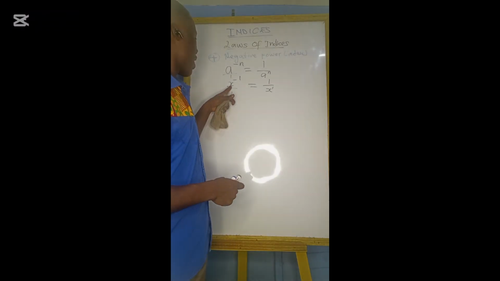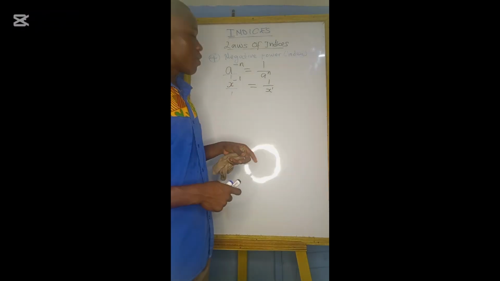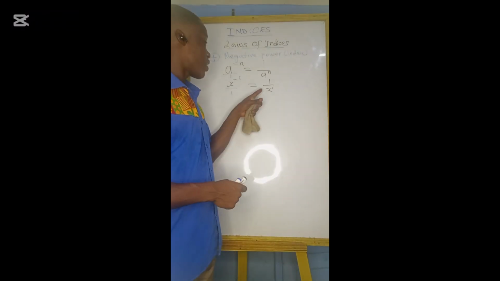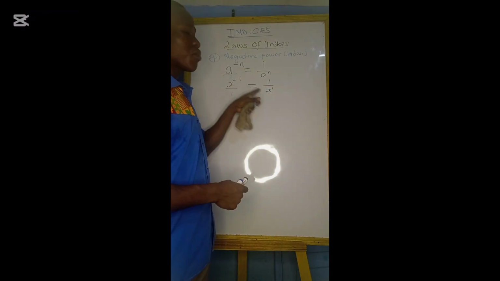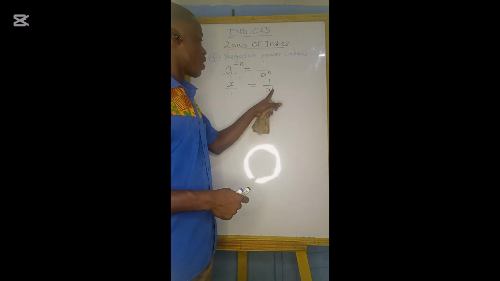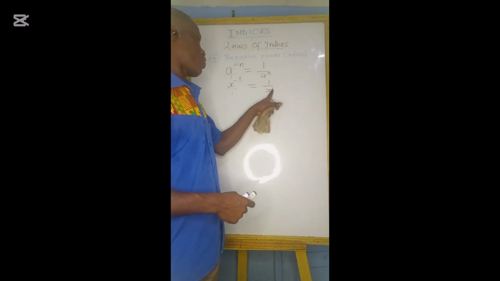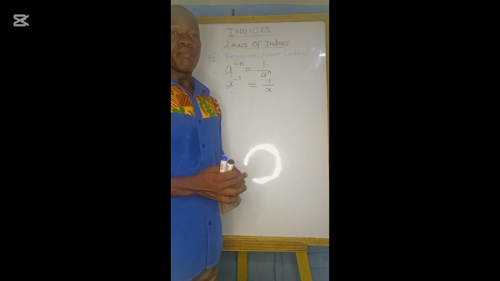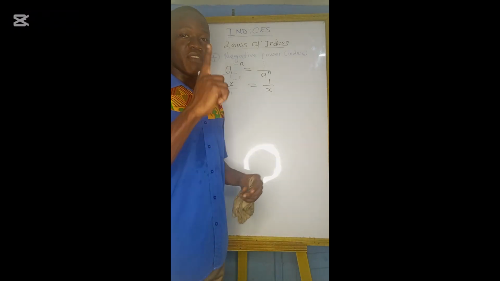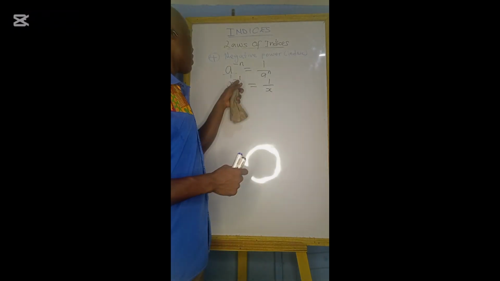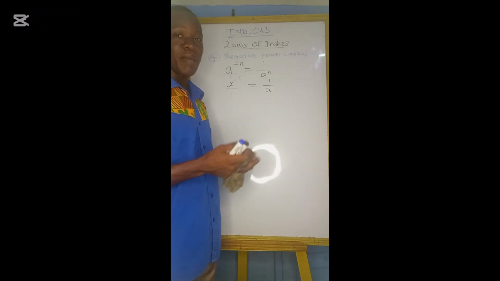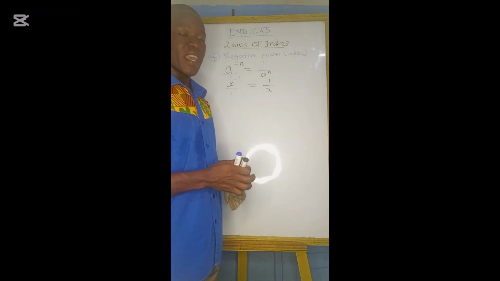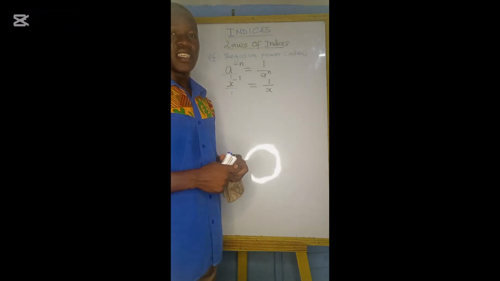So here, x over 1 raised to the power negative 1. A reciprocal of it will give you 1 over x raised to the power, and the negative sign will now turn to positive. So here you can write x raised to the power 1, or you decide not to write 1. It's also a general rule in math that any number standing alone has a power of 1. So you might write the 1 here, but if you understand math very well, you don't need the 1. Just write 1 over x, and that is the same as this negative index.